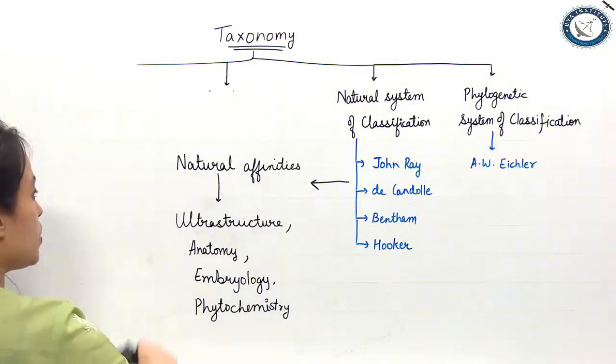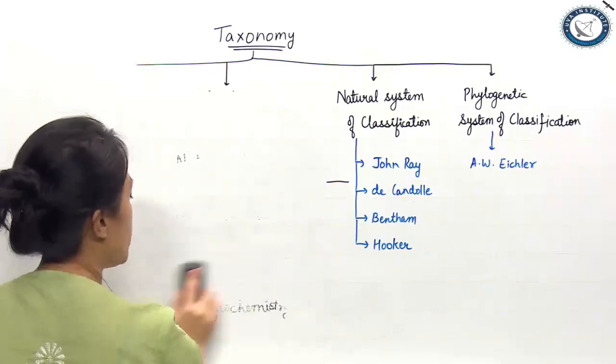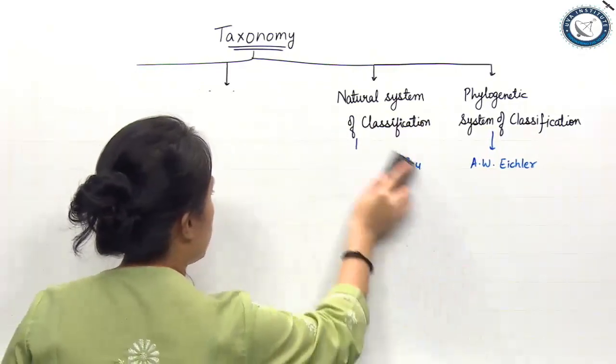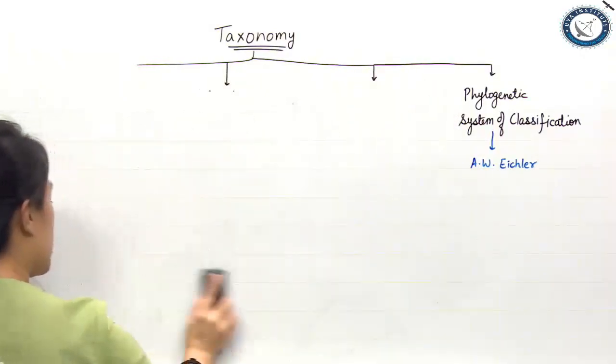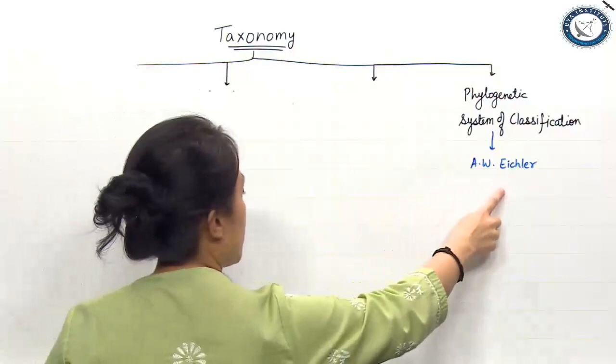Now we will be dealing with phylogenetic classification. When we talk about phylogenetic classification, agreed that it was given by A.W. Eichler.